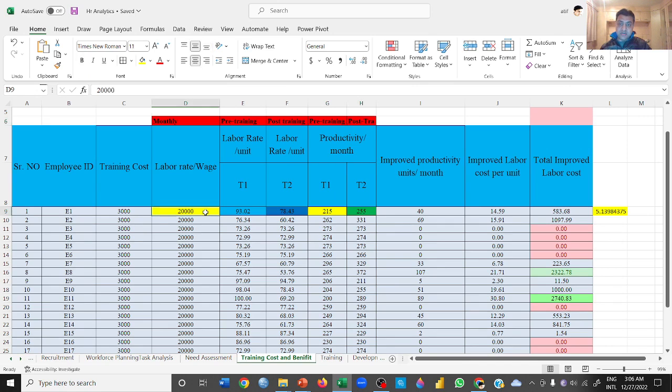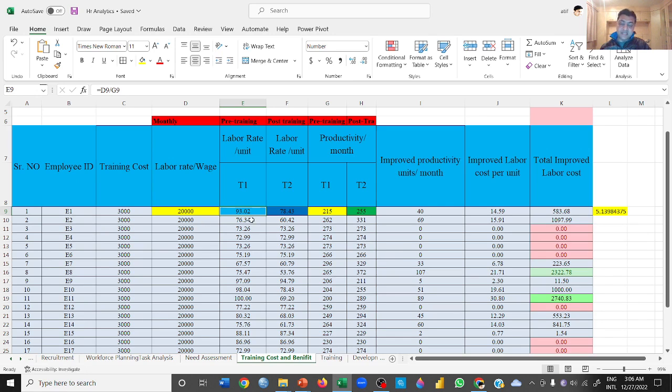If you simply divide this 20,000 by 215, you will get the cost per unit, or the labor rate per unit, before you give the training to that person. That is 93.02 rupees or dollars per unit. This is how much this person is costing you in labor cost per unit.